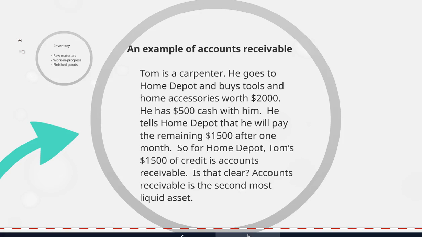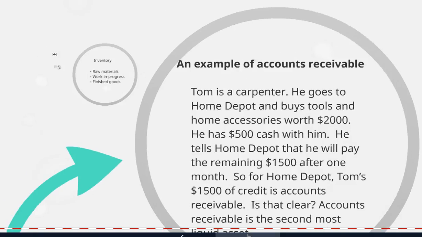So for Home Depot, Tom's $1,500 of credit is accounts receivable. Is that clear? Accounts receivable is the second most liquid asset. What is the first one? Cash and cash equivalents.